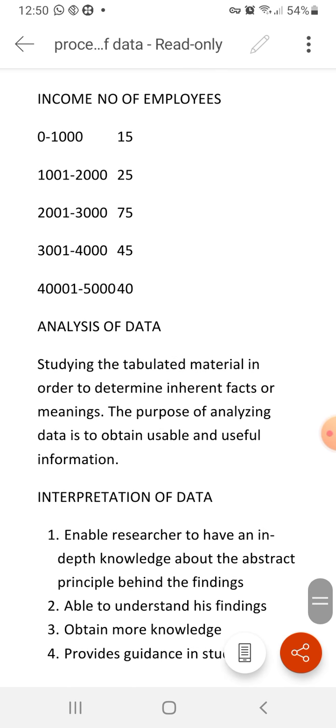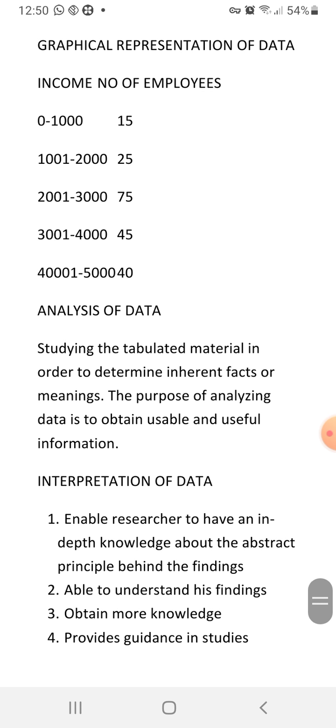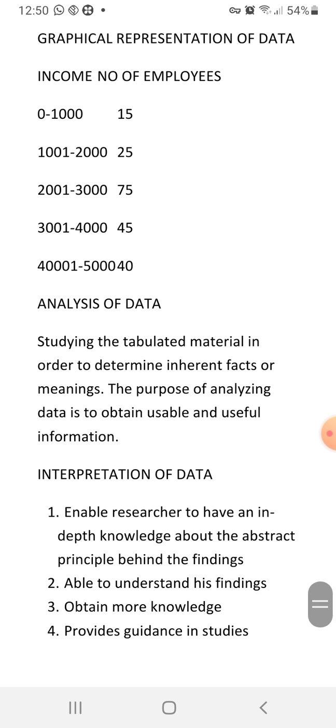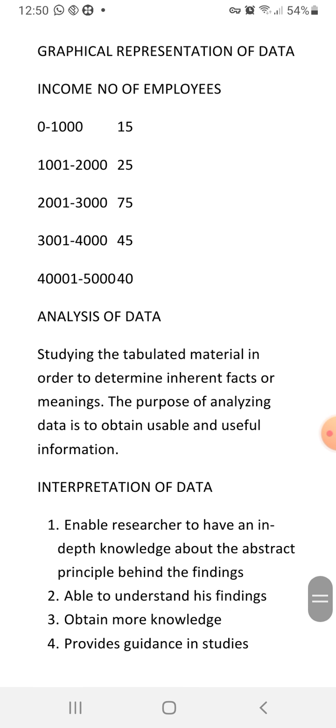Then with the help of graphs in Excel, we can make some graphs, line chart, histogram, area chart, pie chart, different types of charts we can use in analysis.